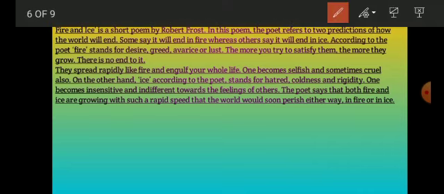This poem is short and crisp, but it contains very beautiful meanings. As I said before, fire and ice are used literally as well as symbolically to represent the destruction of the earth, like how the earth would meet its end.